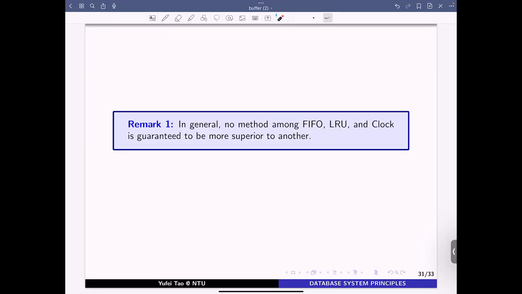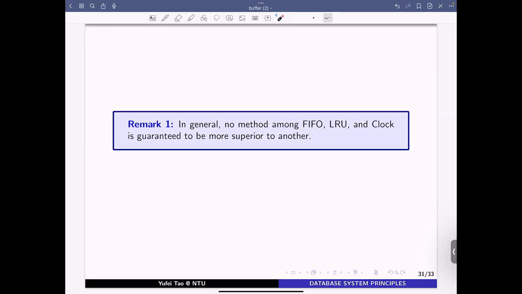Many people hold the misconception that FIFO is inferior to LRU theoretically. That's not true, as you witnessed in an example. LRU can be worse than FIFO.